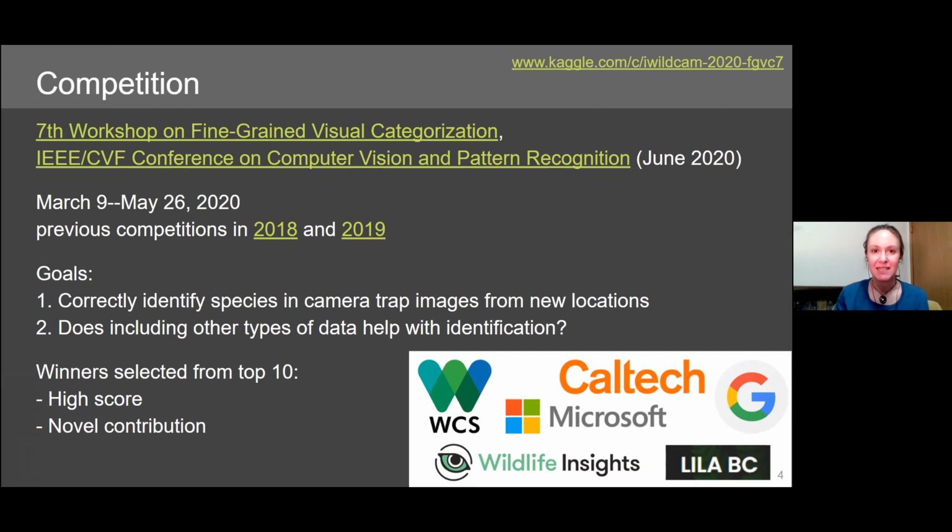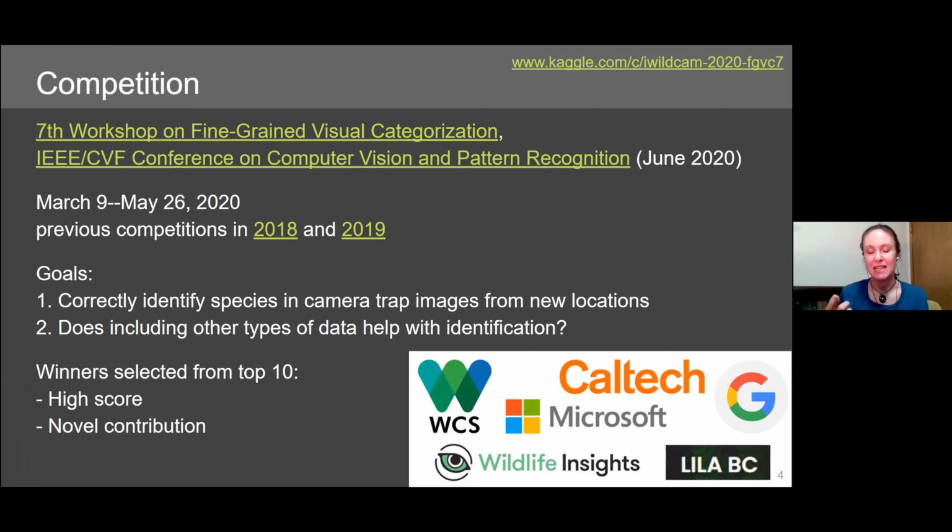So this workshop had run before in 2018 and 2019, and every iteration they also had Kaggle competitions, and every iteration built on the last one. In 2018, the goal was just to identify whether or not there was an animal in a camera trap image, and I'll talk a bit about what camera trap images are in a bit.